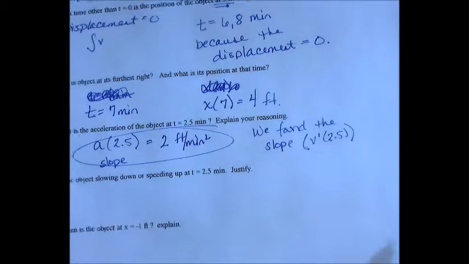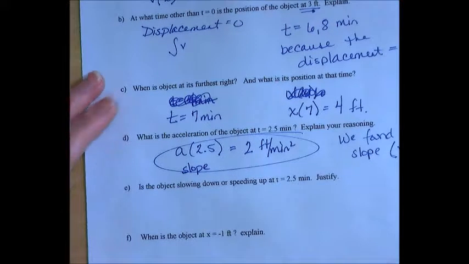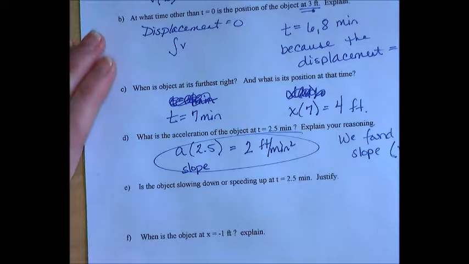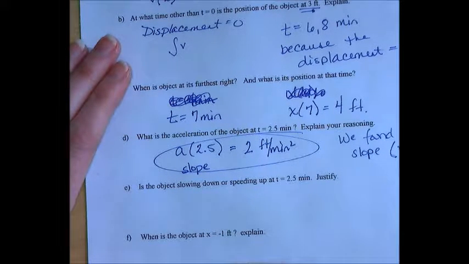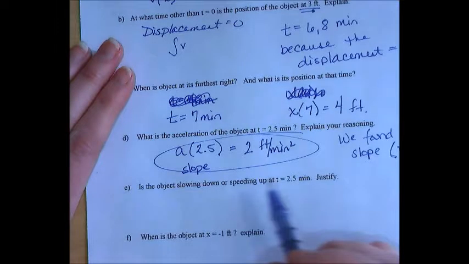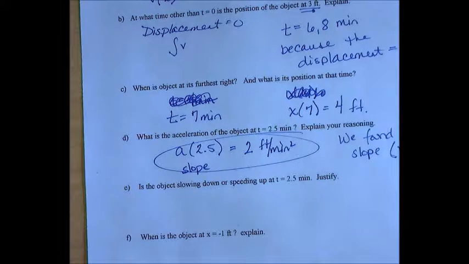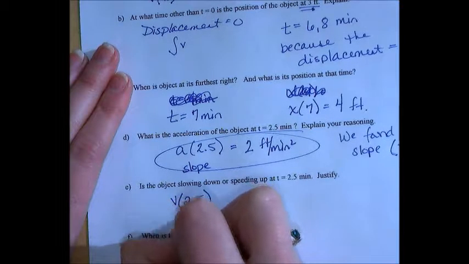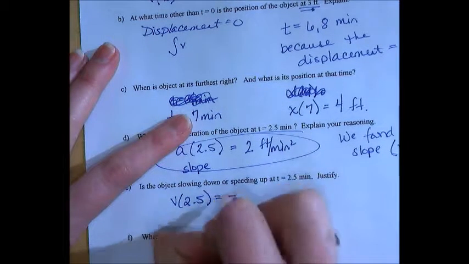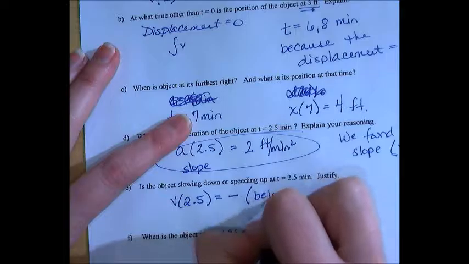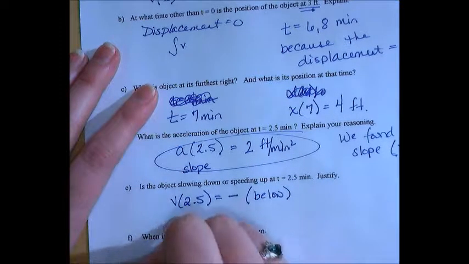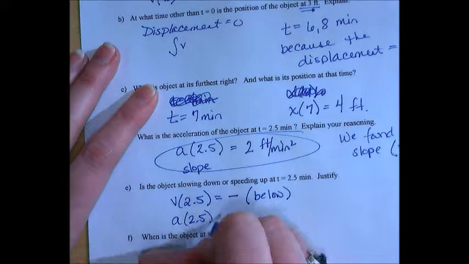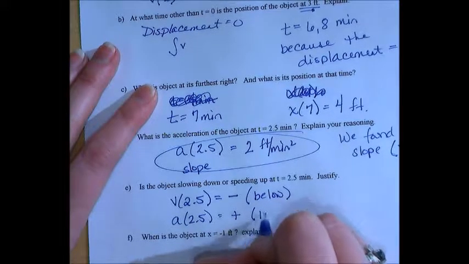Okay. Part E, is the object slowing down or speeding up at 2.5 minutes, and justify your answer. If you recall, we have to look at the signs of velocity and acceleration. The velocity at 2.5 is negative because the graph is below the x-axis. The acceleration at 2.5 is positive because the graph is increasing.